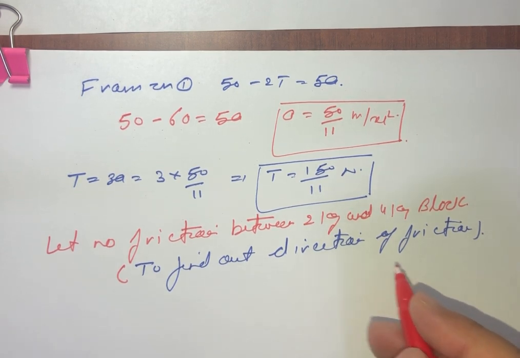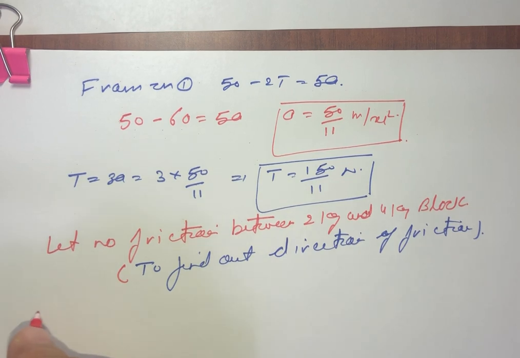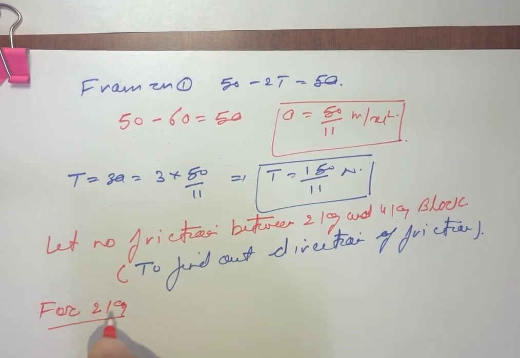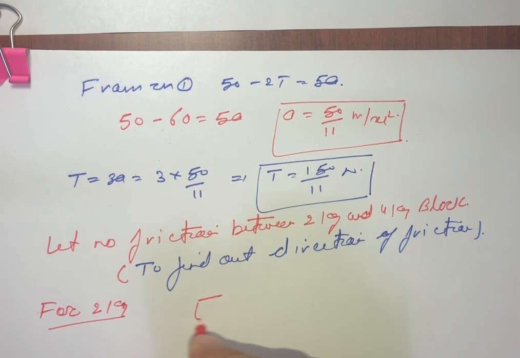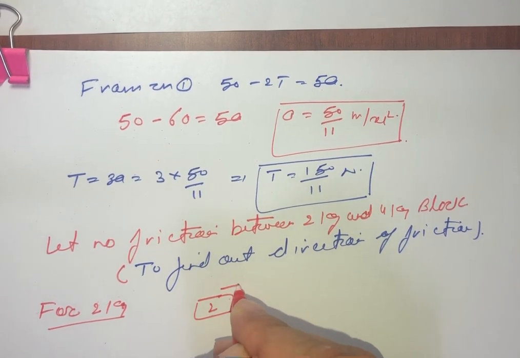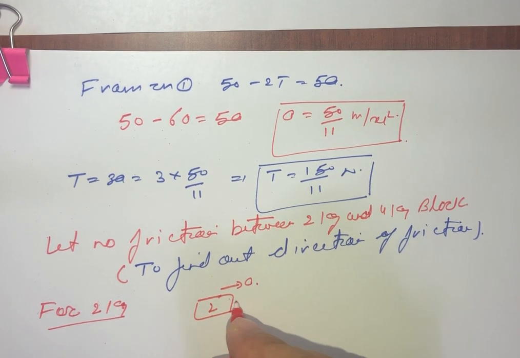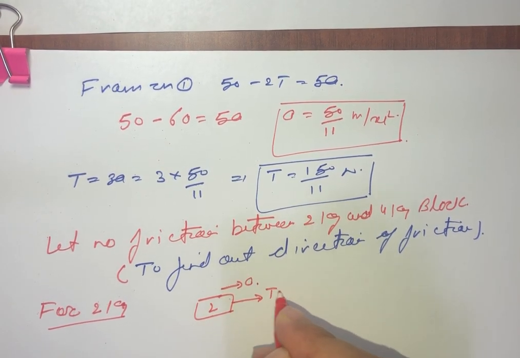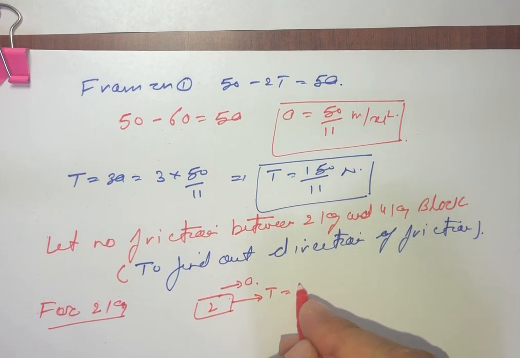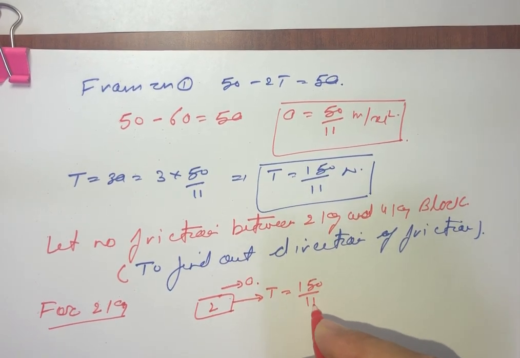So if there is no friction, for the 2 kg block, it is traveling with acceleration A2, and we have a force of T, and T came out as 150 by 11.